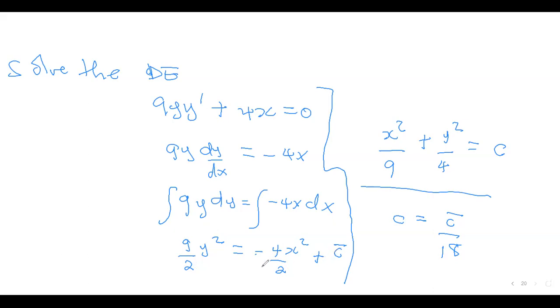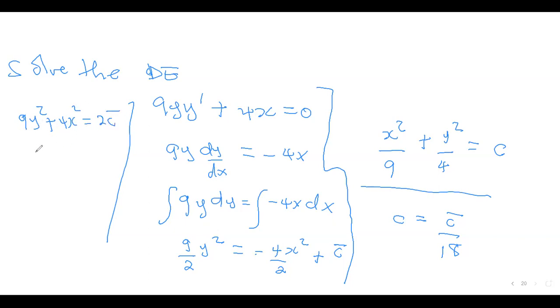Here you'll have 18. You could do this here. This is 9y squared plus 4x squared equal to 2 c cap.